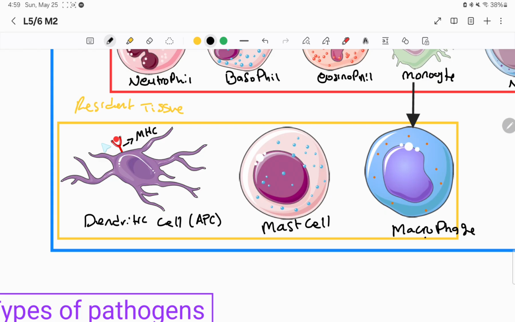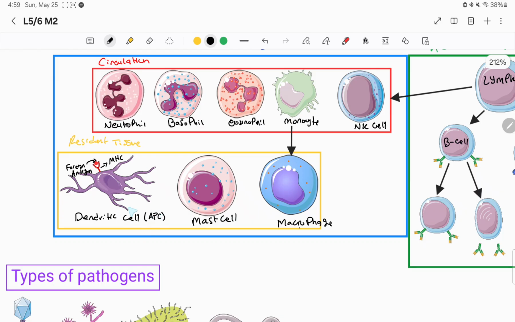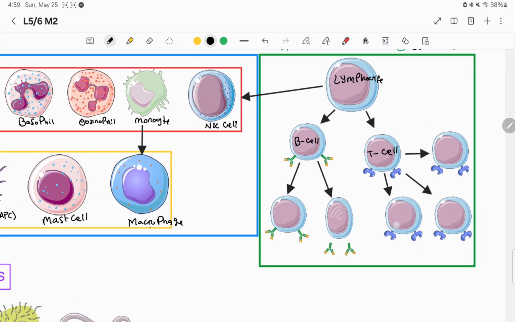And this protein is basically expressing on its surface a foreign antigen. We'll talk about how this guy got the foreign antigen. That's why they call it an antigen presenting cell, because it is literally presenting an antigen on its surface on this protein called the MHC. And we'll talk about why it's doing this.